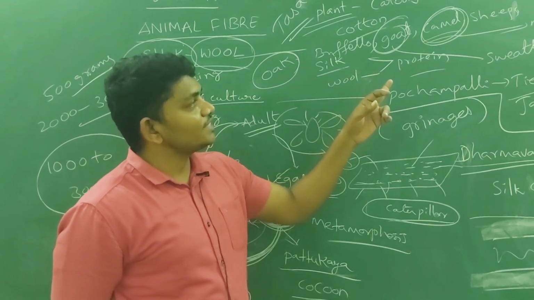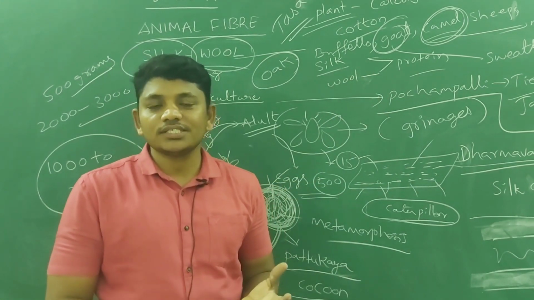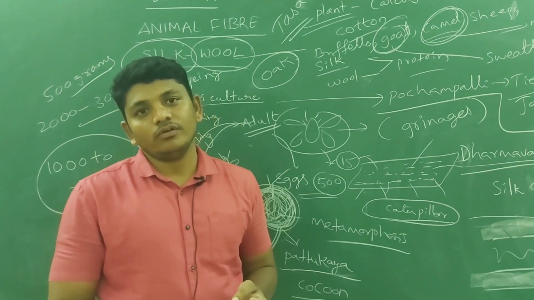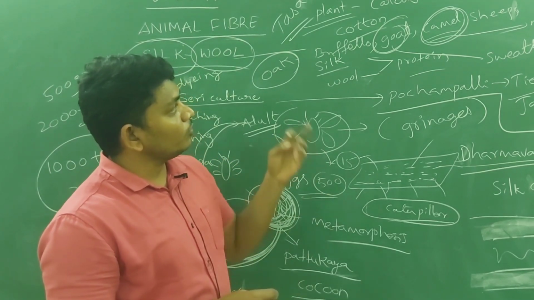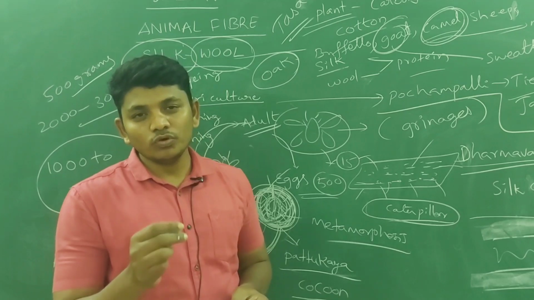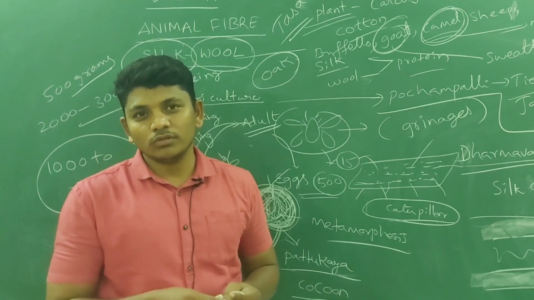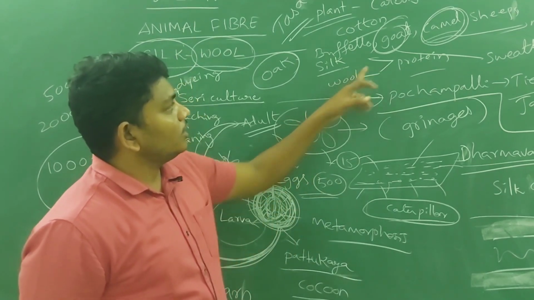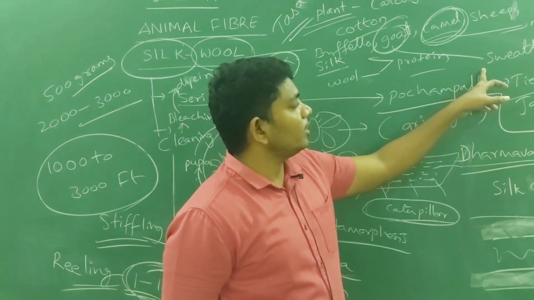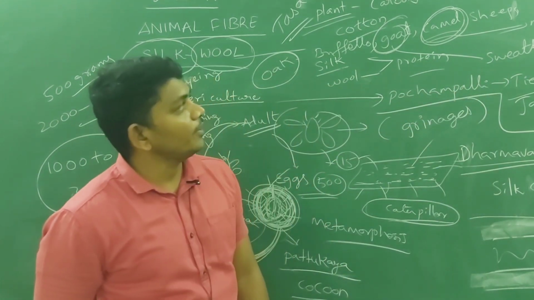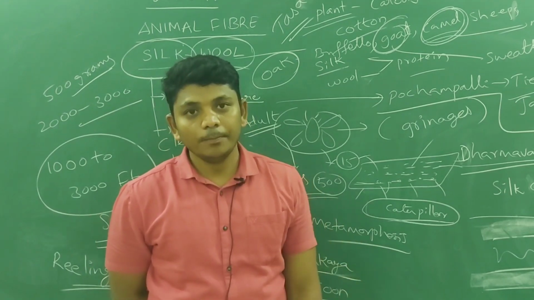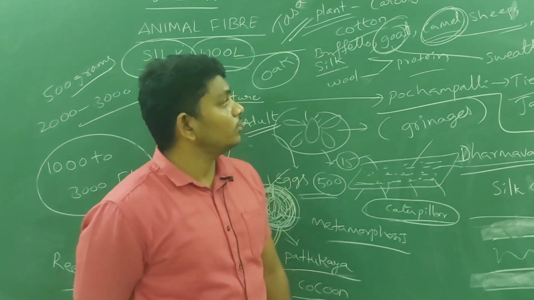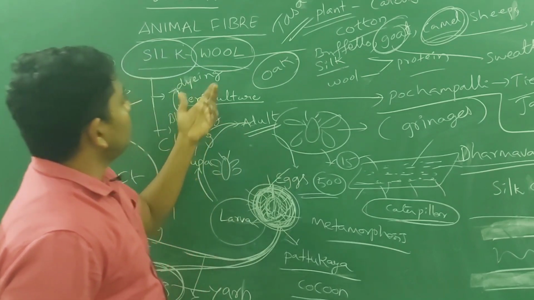Camel's wool is very coarse and very rough, very hard in nature. When we talk about goat's wool, that is very smooth. So that is why the goat's wool is useful for making sweaters and camel's wool is for making mufflers. So this is about wool.